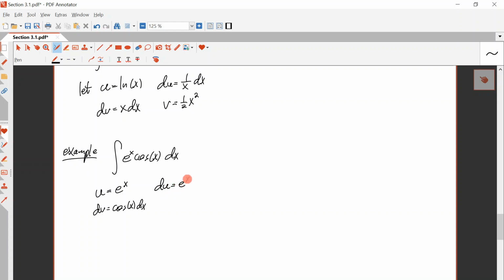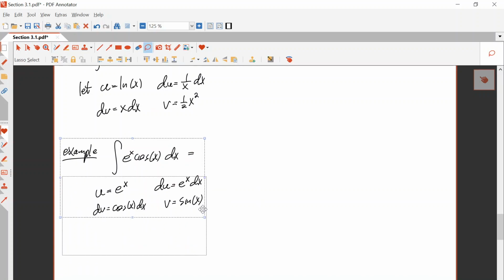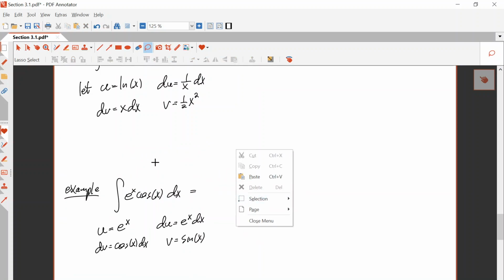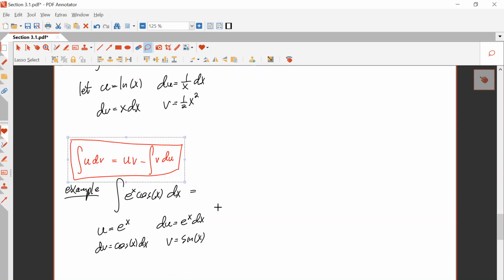So the derivative of u is just e to the x, and v is the antiderivative of cosine, which is sine. So this, via the integration by parts formula, let's put it there for reference. All right, this is u times v, so e to the x sine x, minus the antiderivative of v du, e to the x sine x dx.